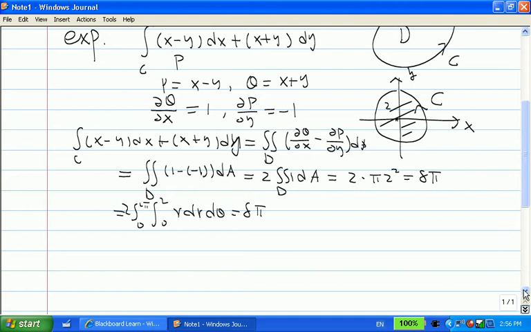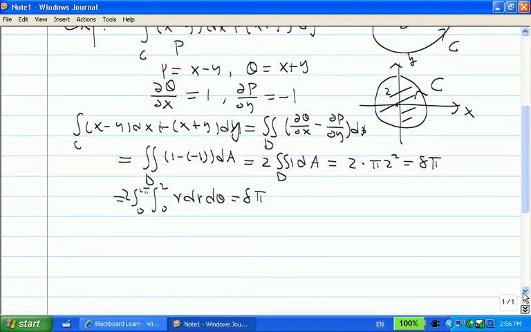Okay, now let's integrate this one again by using the direct method. Just integrate directly. To integrate directly, we need to know the parametric equation for this curve. Again, for the circle, x equals radius times cosine t, and y equals 2 times sine t.